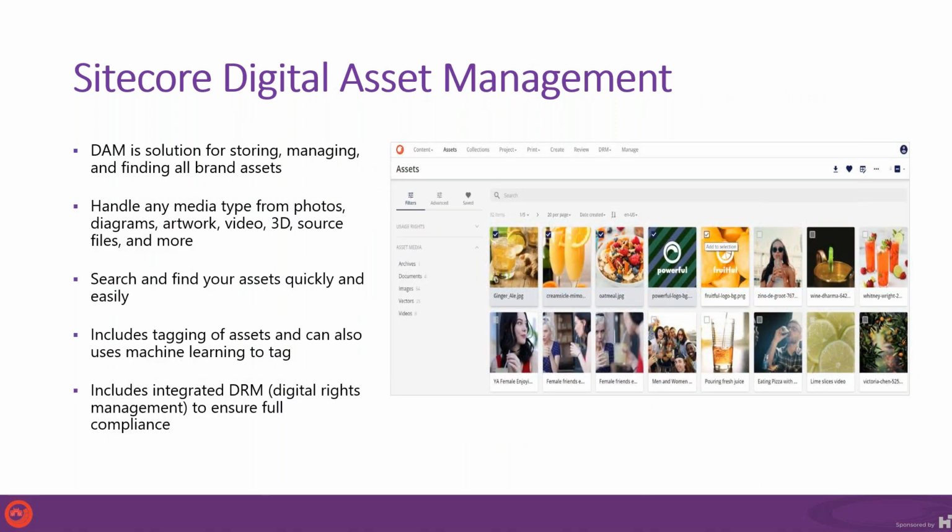So Sitecore digital asset management, as its name says, is used for managing the assets, be it audio, video, or any image, or any other drawings. You can keep all of those assets in the digital asset management system.